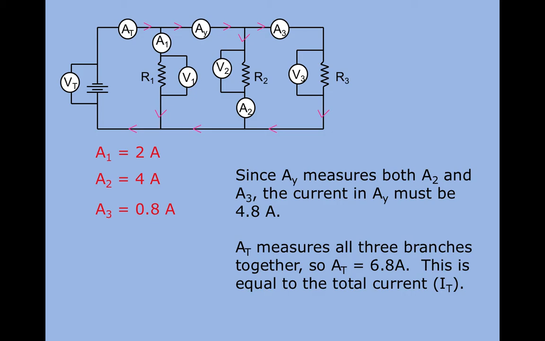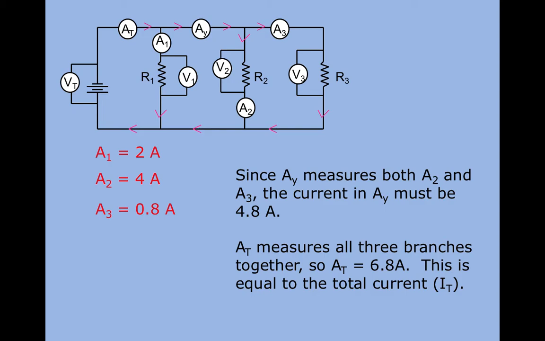Ammeter total, right, that first ammeter is going to measure the total current through the circuit. So if we add up all 3 branches, A1 plus A2 plus A3, that'll give us the total current of 6.8 amps. Now notice, when I calculated A total, I did not include the value of AY because that already includes A2 and A3.